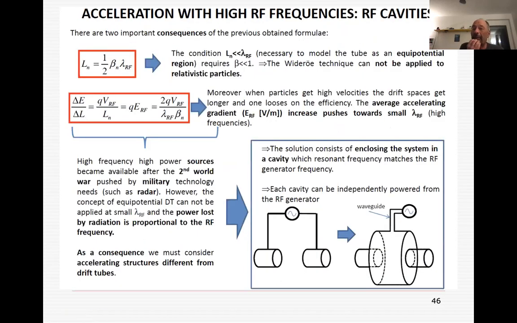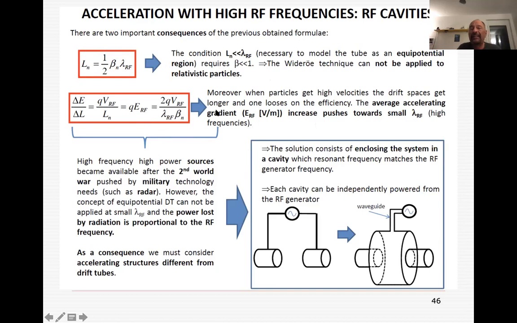So essentially what happens is that if you want to keep the length shorter, definitely shorter than the radio frequency wavelength, you need to keep a low velocity, and the average accelerating gradient increase pushes towards small lambda.